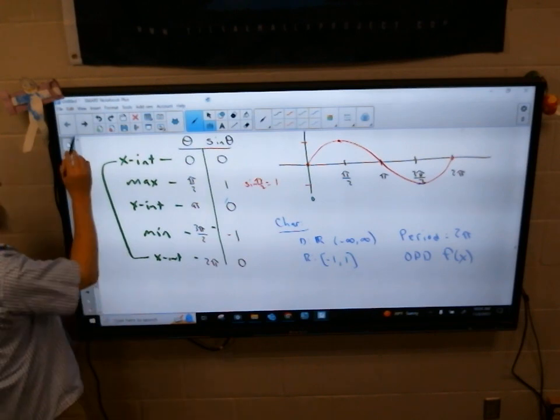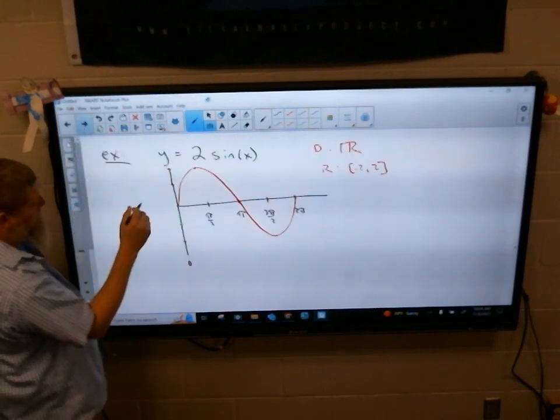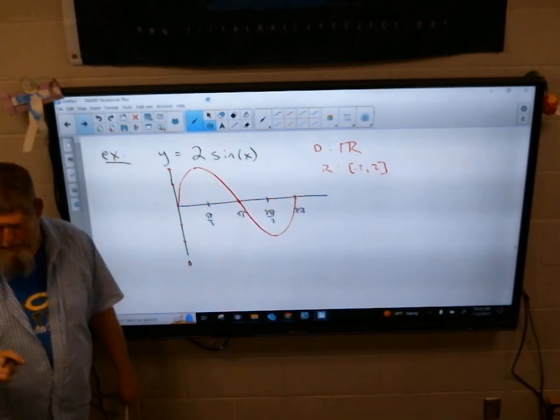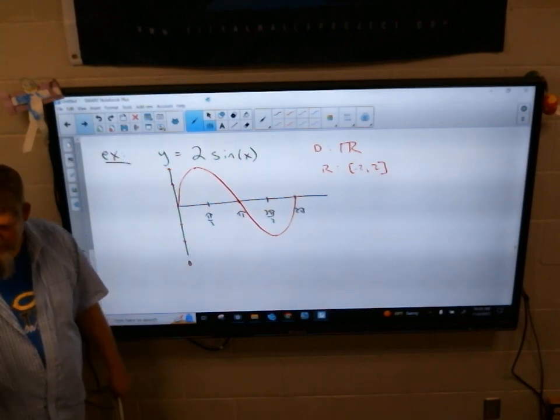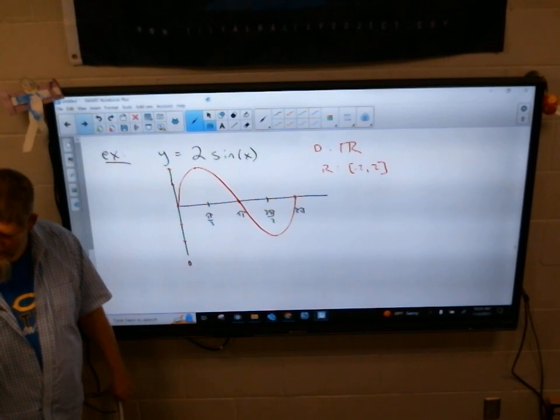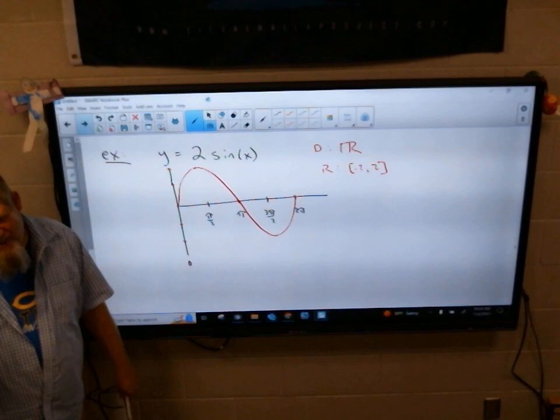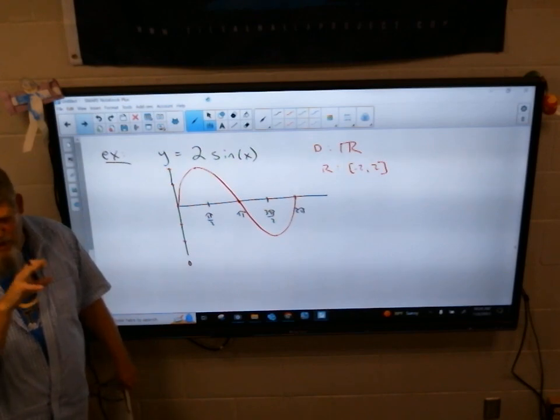So in this case, if I were to give you pi over 2, it would actually equal 2. Remember, what do the parentheses represent? It's like a point on the graph. So parentheses tell me I'm getting closer to 2, but I never actually get there. 2 is not included in my answer.